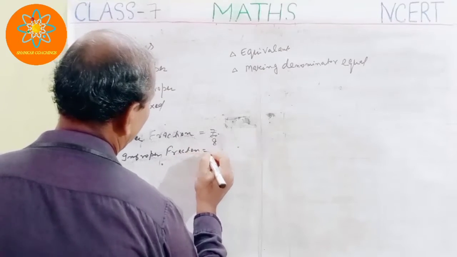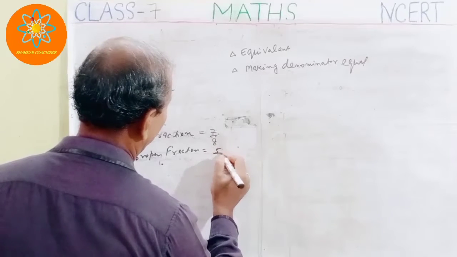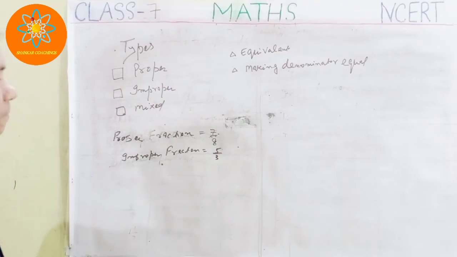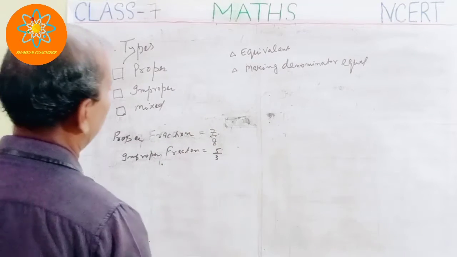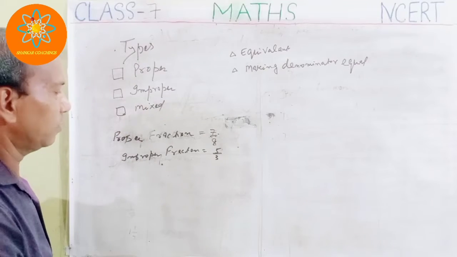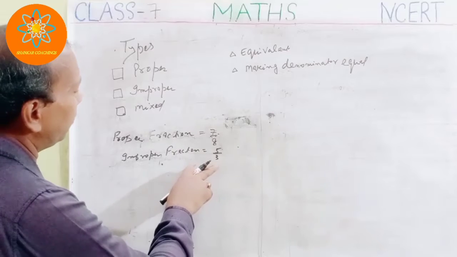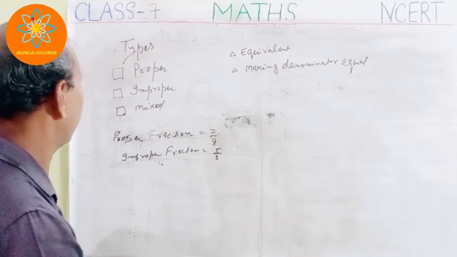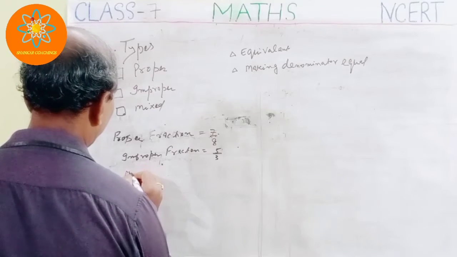Let's suppose 5 by 3. It is an improper fraction. So we can say that in the proper fraction, the denominator is greater than the numerator, and in the improper fraction, the denominator is less than the numerator.